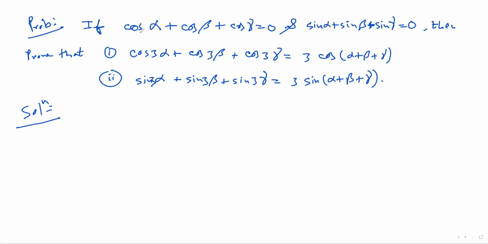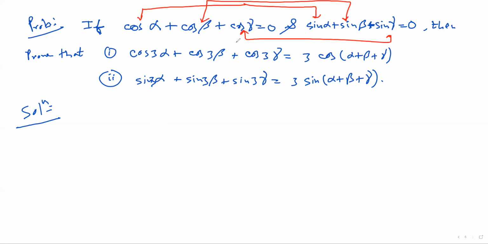You can understand that initially you cannot see any sign of any complex number anywhere. This looks like a trigonometry problem from the first look, of course. But if you see that these two and these two can be paired like this: cos alpha plus i sine alpha, cos beta plus i sine beta, and cos gamma plus i sine gamma, so that we can involve complex numbers.